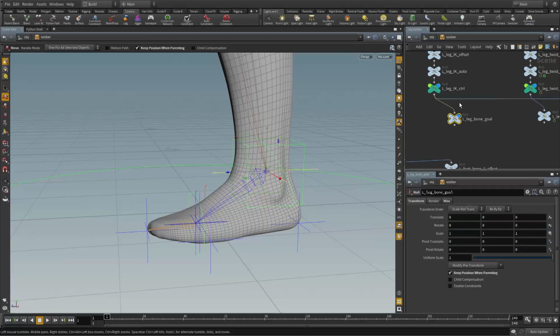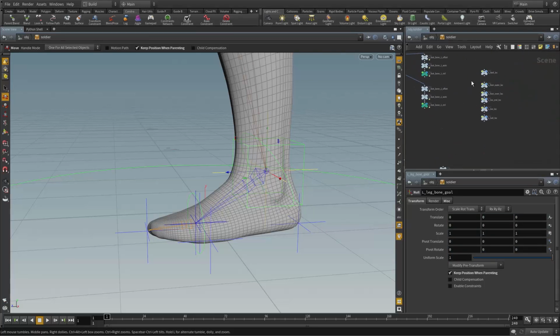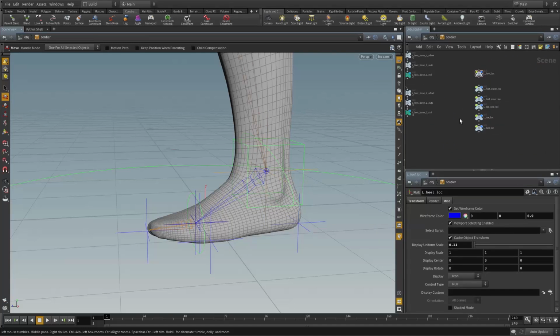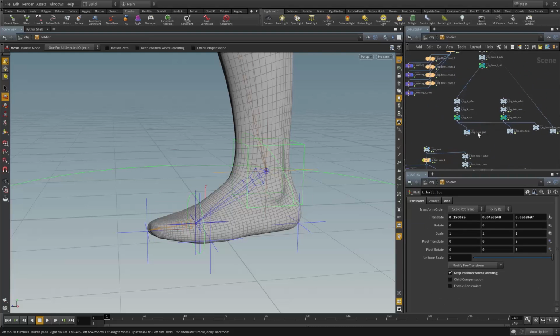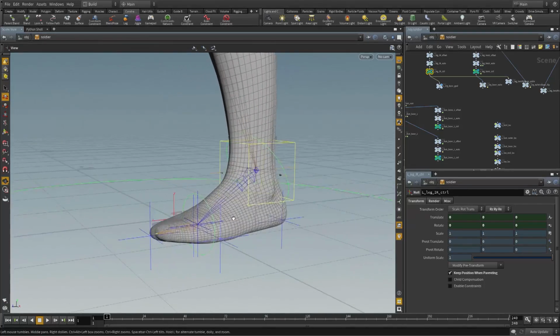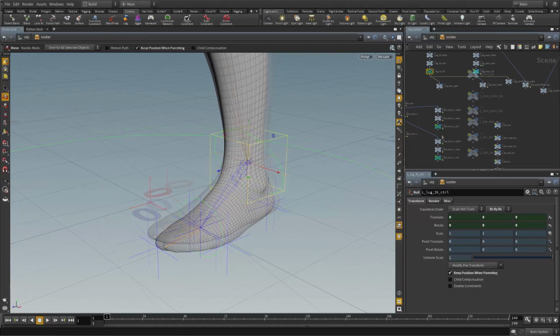But we're going to reparent this guy below these reverse foot controls. And then all of this is going to be parented into the IK. So as we move our IK control, it will move all of these bones, and then below that, we'll be able to rotate from these different positions. So we'll do that next.